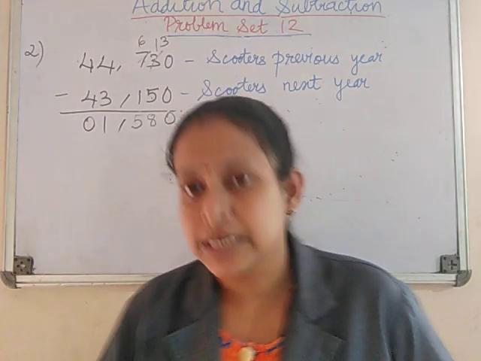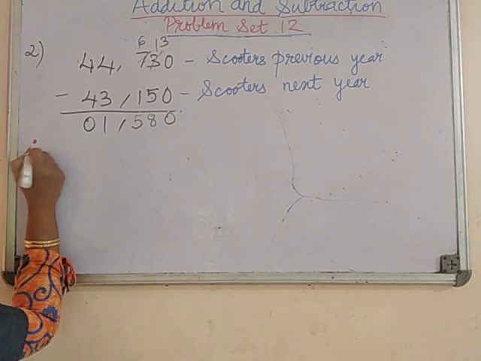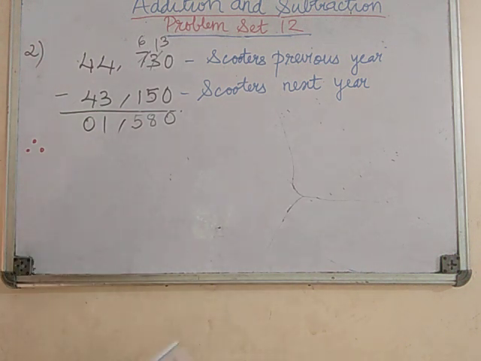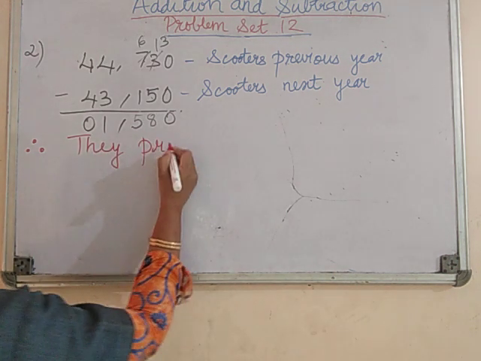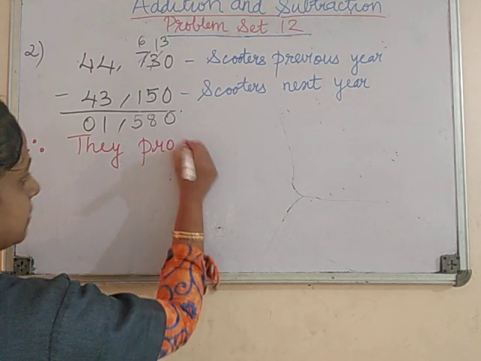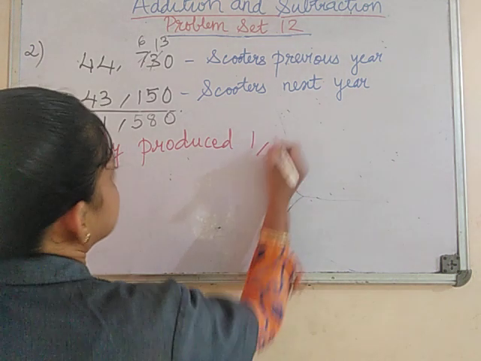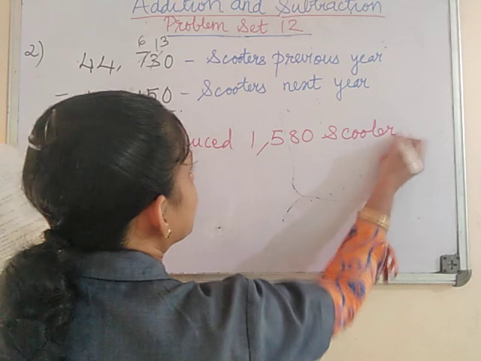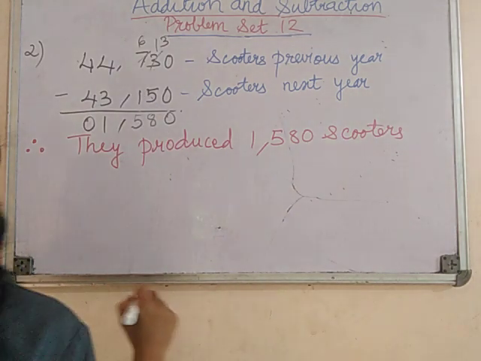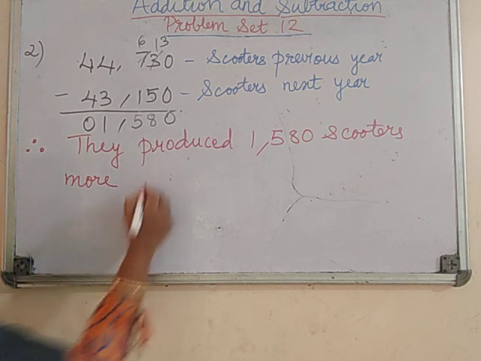So let's conclude by writing a statement according to the question asked. The question is, how many more scooters did they produce in the previous year? They, meaning the company, produced 1580 scooters more in the previous year.